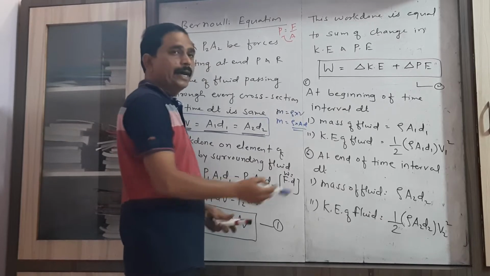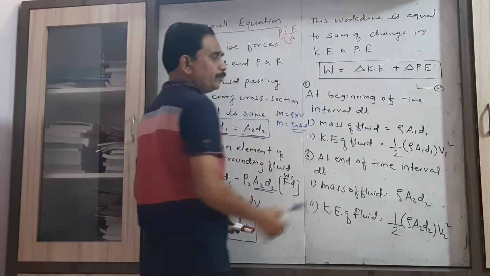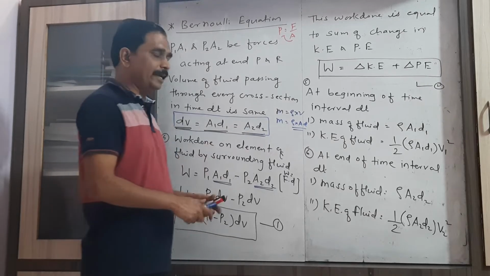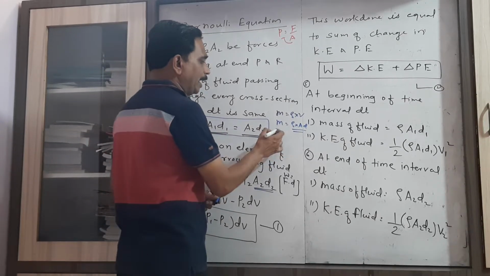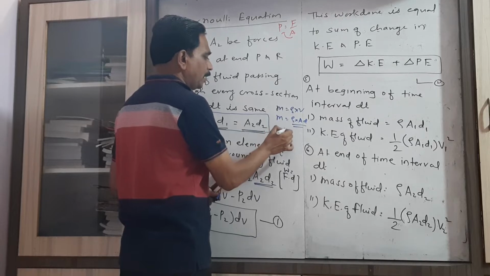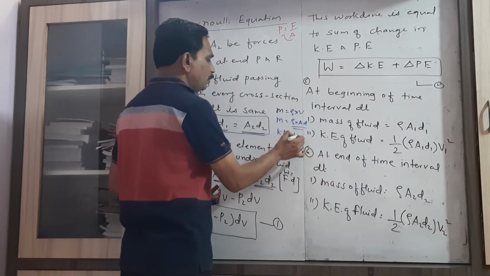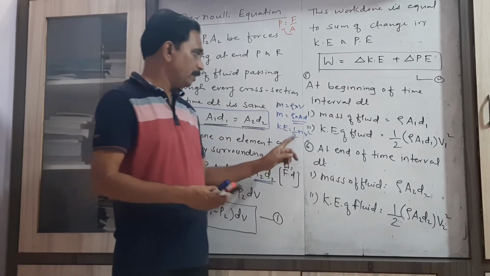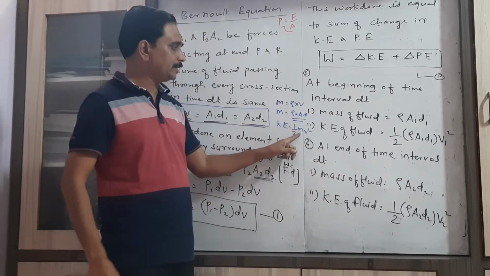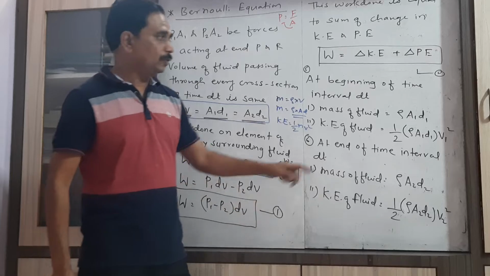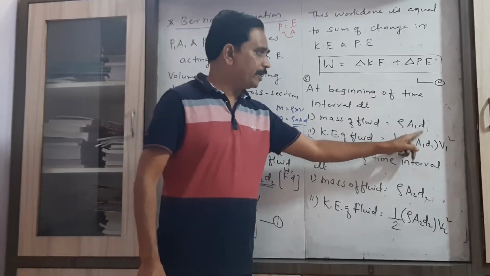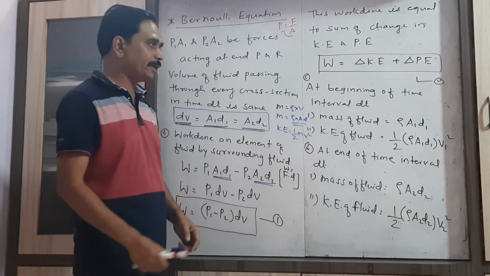So I write here mass of the fluid equals rho A1 d1. Kinetic energy is equal to half mv square, the product of half into mass and velocity square. So kinetic energy equals half, rho A1 d1, and velocity square.